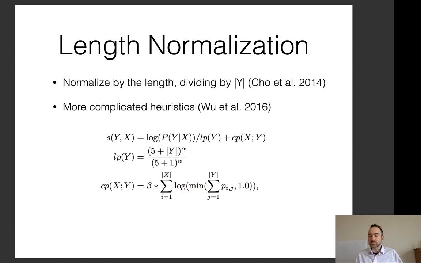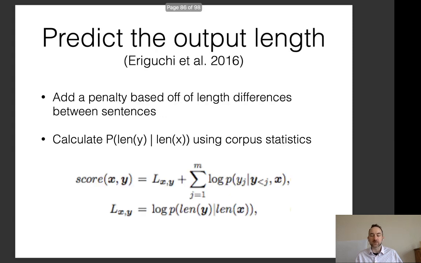Nonetheless, these are heuristic methods, and they're not actually well connected to, for example, probabilistic models. A better, more well-motivated method is to predict the output length directly given the input length. A very simple way to do this is to calculate the length of the output given the length of the input using corpus statistics.